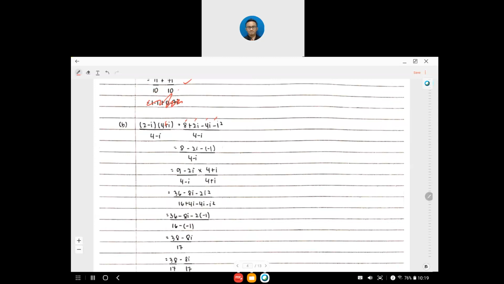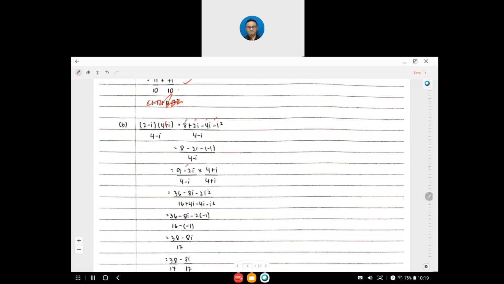Okay, so divide by 4 minus i. So we know that this one becomes 9. So i squared becomes negative 1. So 9 minus 2i divided by 4 minus i.